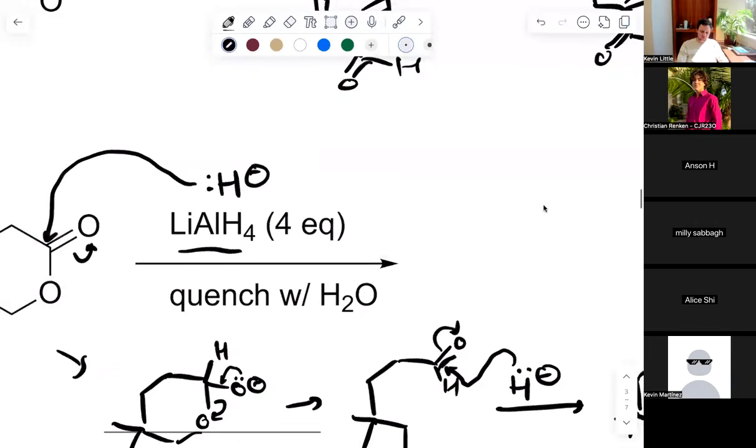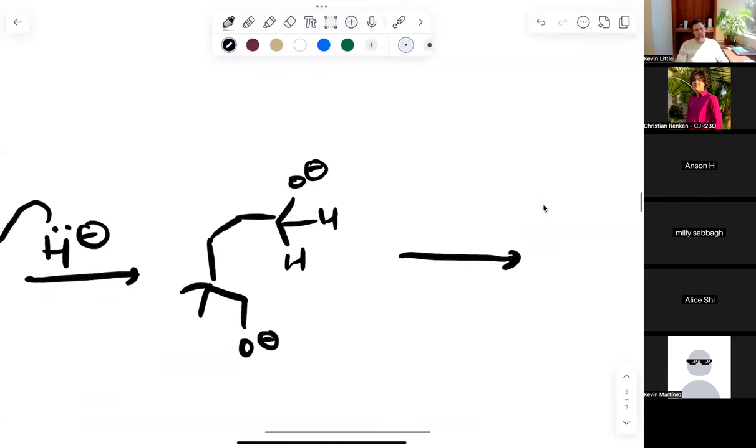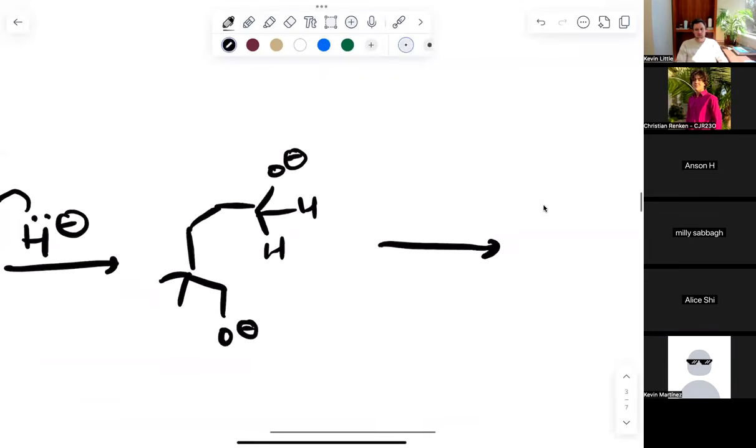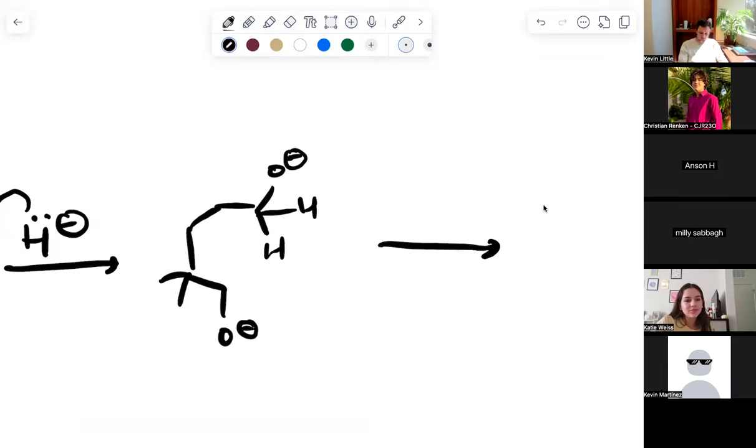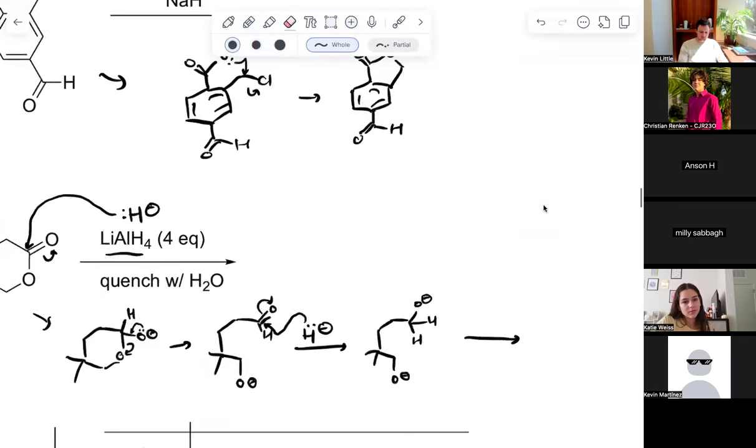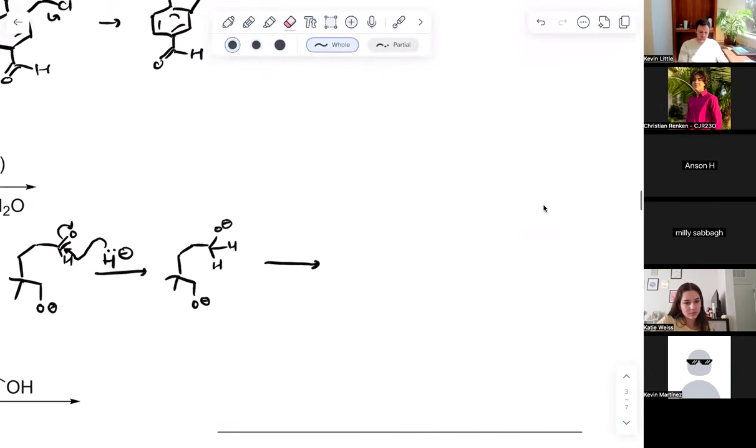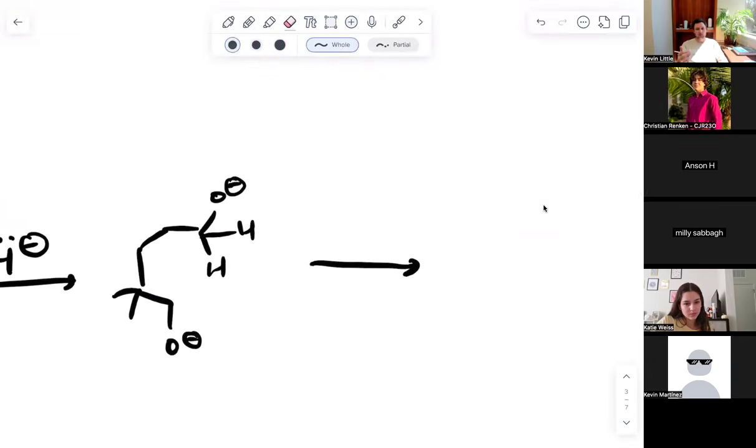And I've got 4 equivalents of LAH. Is there anywhere else I can attack with H, with the nucleophile? Not really, right? There's no other electrophile, so it doesn't matter that I have excess. This is all I can do. There's nowhere else I can put an H minus.